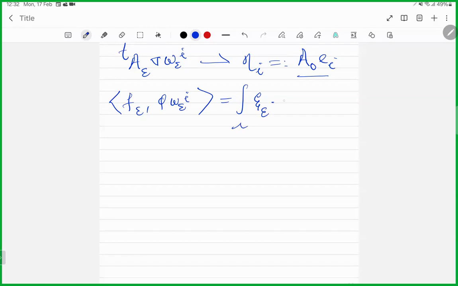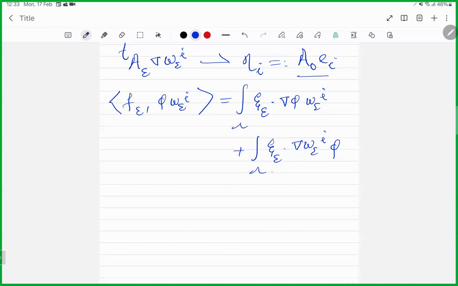So I'll use that. So you have grad phi W epsilon I. And if I want the limit, we have to pass to the limit here.